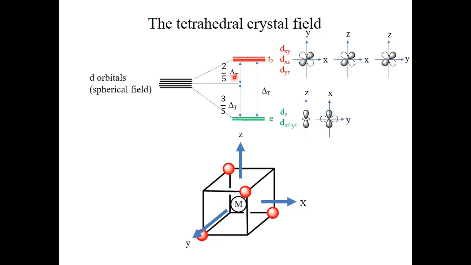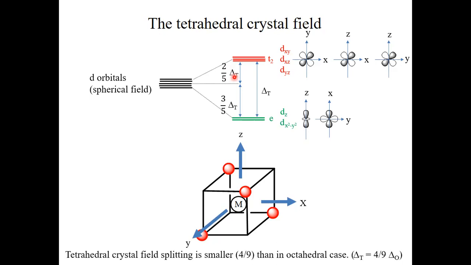Okay, so now another important consideration is that the tetrahedral field is generally weaker than the octahedral field. So the tetrahedral crystal field splitting, and that's just the delta T value, is only 4/9 in comparison to the octahedral case, delta O. All right, and that can be explained by two arguments.